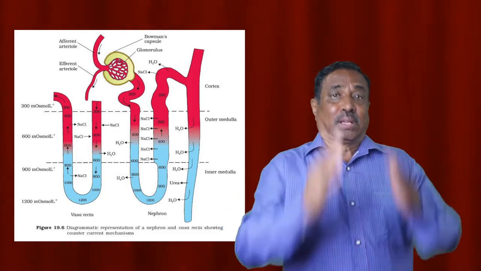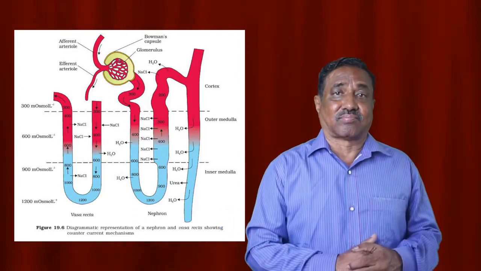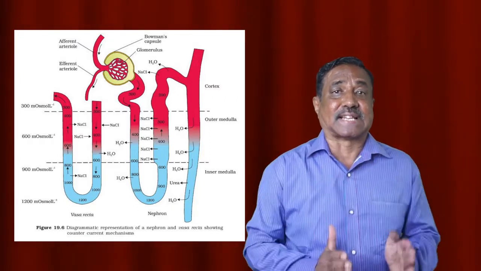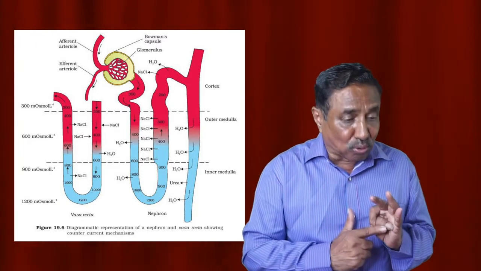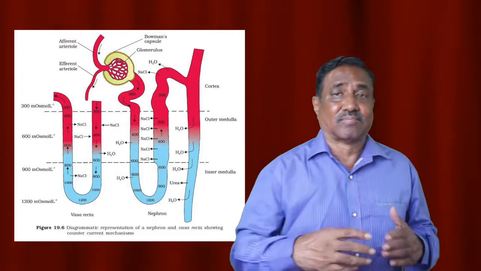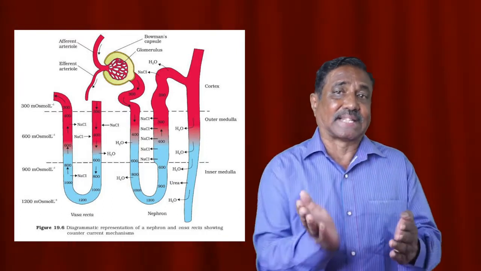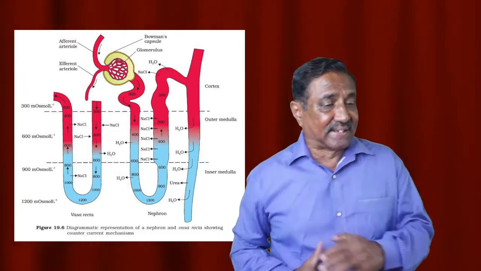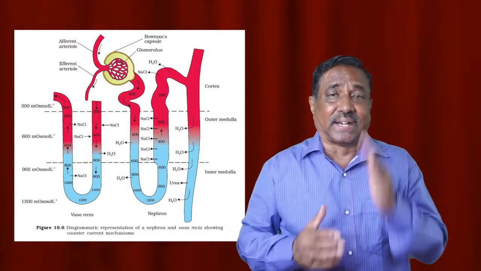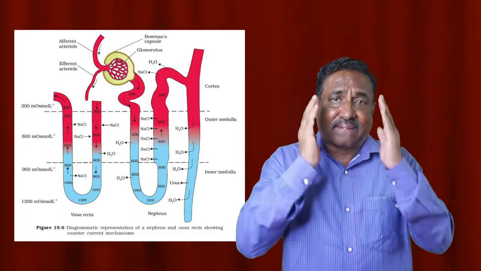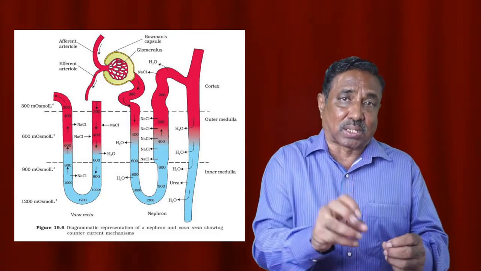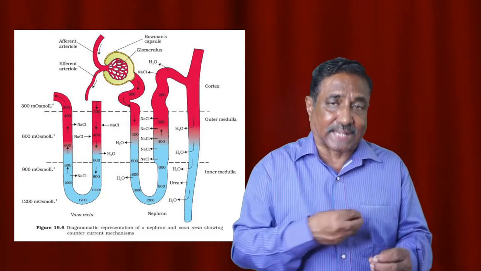As the filtrate enters here, it contains some useful substances like amino acids, glucose, and even sodium, which are reabsorbed into the blood capillaries surrounding the PCT and DCT. In the PCT and DCT, about 70 to 80% of tubular reabsorption takes place.